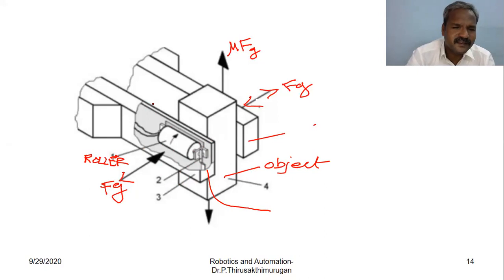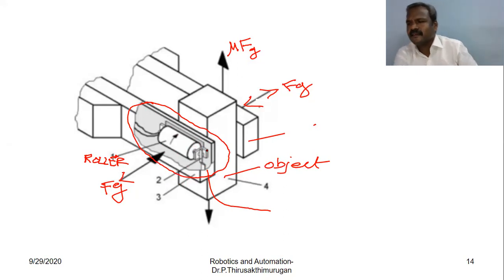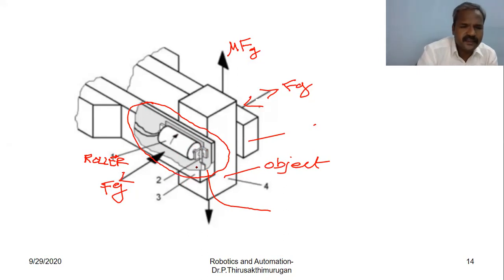This is the schematic cut section of the gripper finger. Inside the gripper finger there is a rotation-sensitive roller. This roller may be a slip sensor, which detects the slipping of the object.